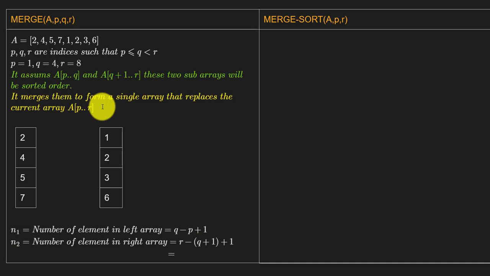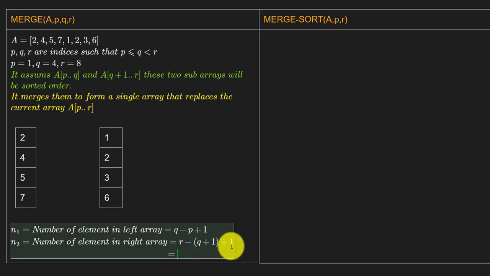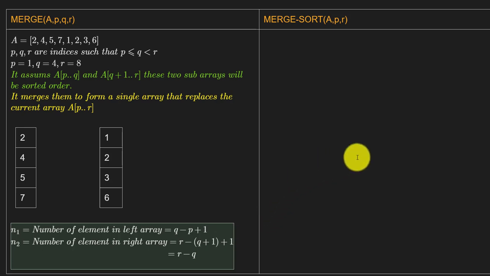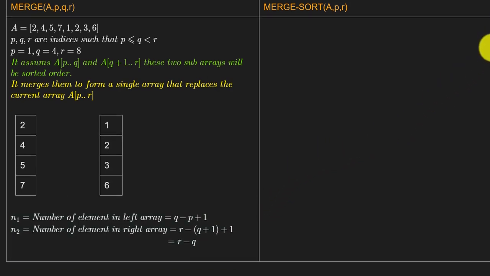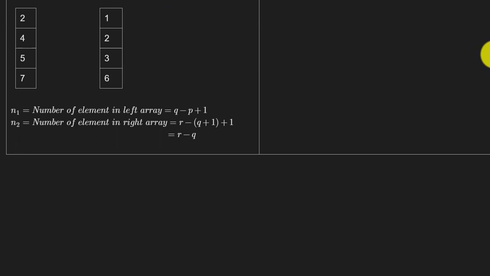Let me arrange it in a proper way: r minus q minus 1 plus 1, where minus 1 and plus 1 cancel, so it is r minus q. That is the number of elements we have in our right array. Now let me change the color and go down a bit so that we get some space.